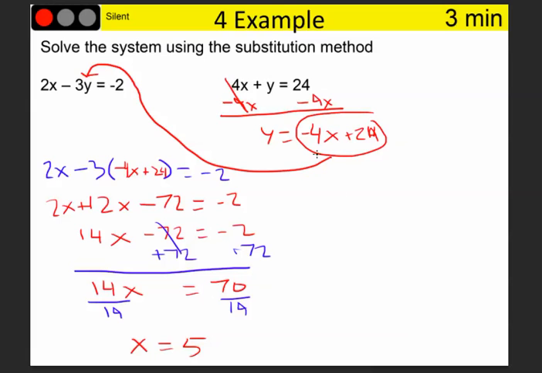So now I can plug this back into my other equation that I had here. I could plug it back into my original equation, but I think it's going to be simpler if I plug it into the one I already have solved for y. So I'm going to plug y equals negative 4 times x plus 24. Plug my x value in.